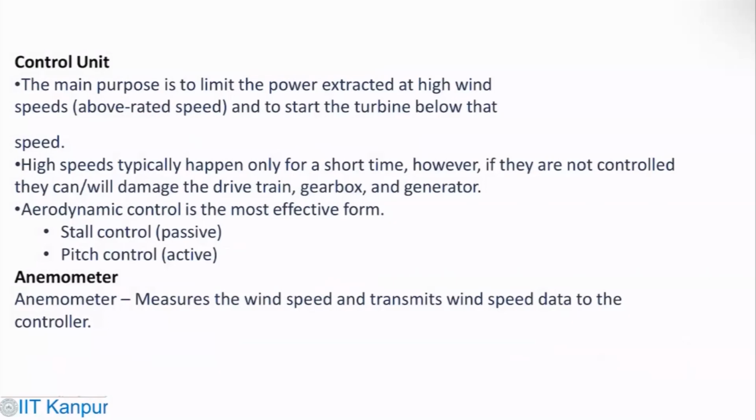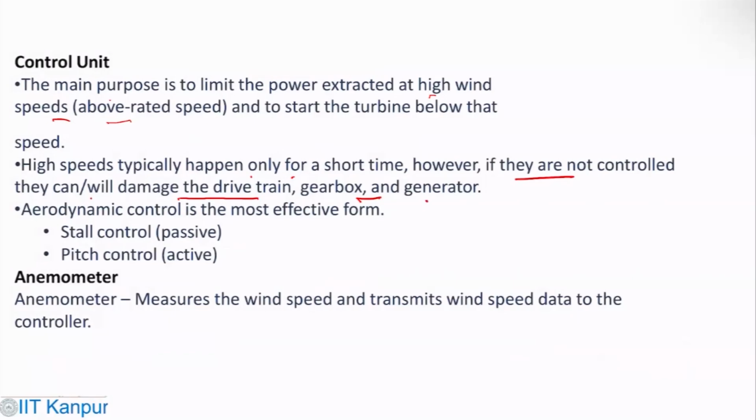The main purpose of the control unit is to limit the power which is extracted at high wind speed, or above rated speed. High speeds typically happen for a short time. However, if they are not controlled, they can damage the drivetrain, gearbox, and generator.